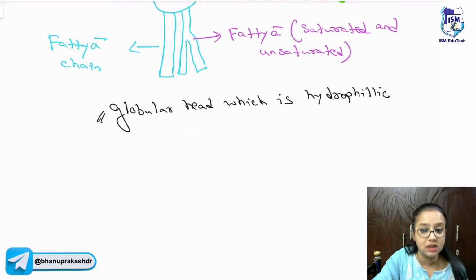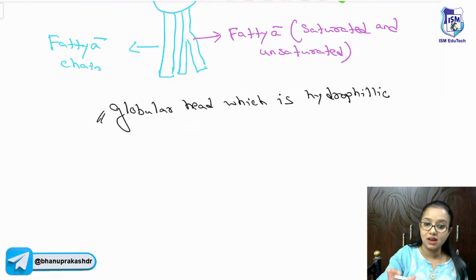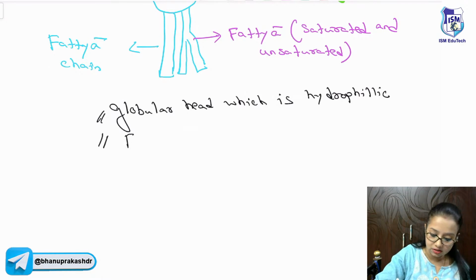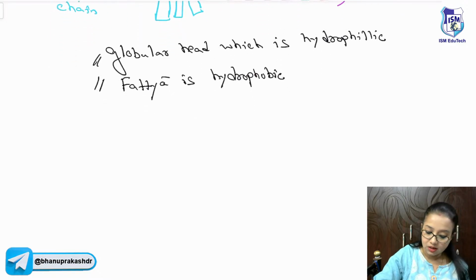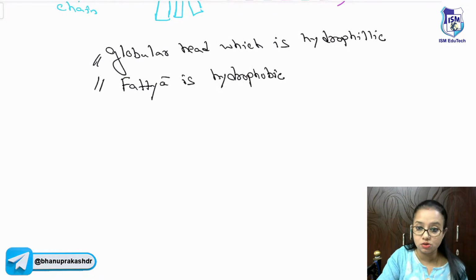Now, this globular head is hydrophilic in nature because it has got a glycerol backbone and it has got a phosphate group. Whereas the fatty acid is hydrophobic in nature. Now, this globular head is hydrophilic and the fatty acid is hydrophobic.